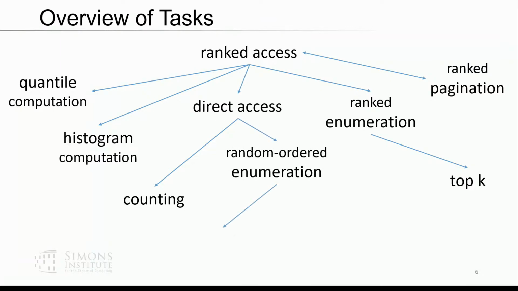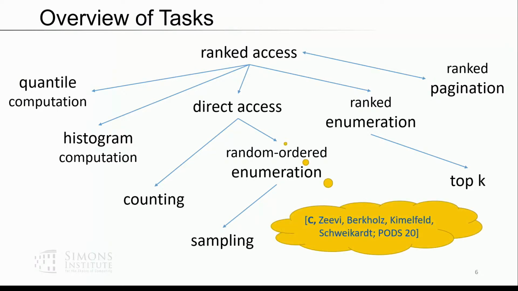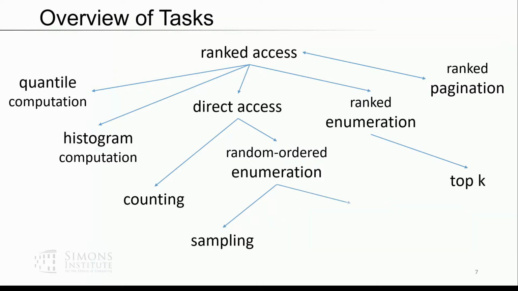And you can also use direct access to get a uniformly random ordered enumeration, which is sampling without repetitions. The citation here is in case you want to see how this transition is done. And of course, if you have enumeration, then it just gives you a way of producing all of the query answers if this is what you want.